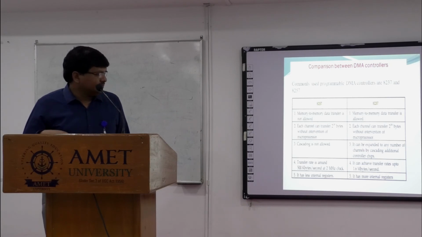The fourth difference is that the data transfer rate is only 500 kilobytes per second for a 2 megahertz clock in 8257. In 8237, with a 2 megahertz clock, better data transfer takes place, that is 1.6 megabytes per second. Finally, the fifth difference is that it has more internal registers in case of 8237 when compared to 8257.